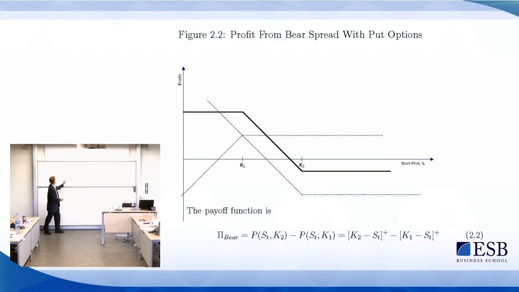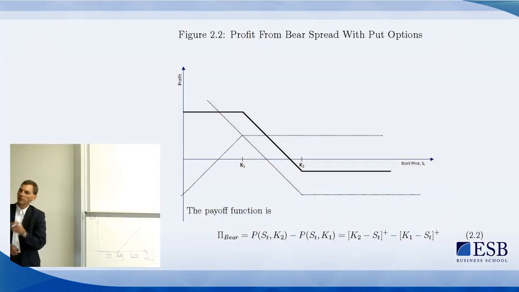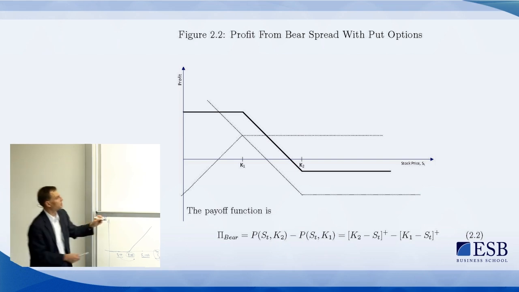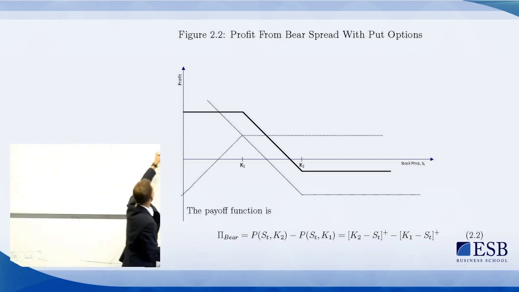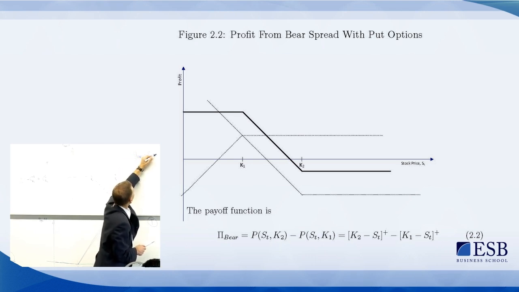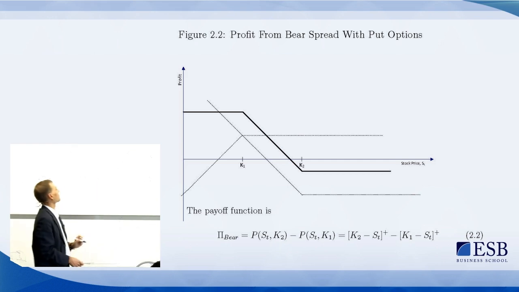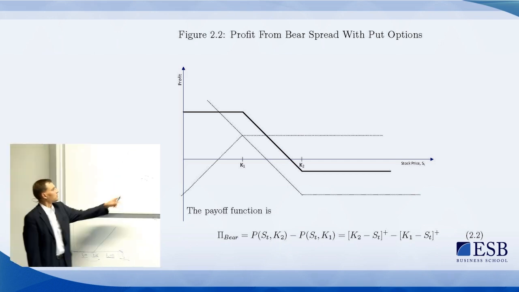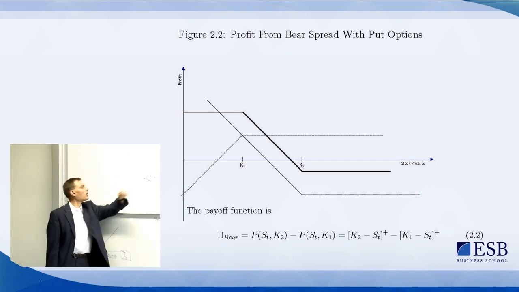Well, we need then a long call option at K2. And then we have a bear spread. Bull is down here. Bear. Short at K1, long at K2.